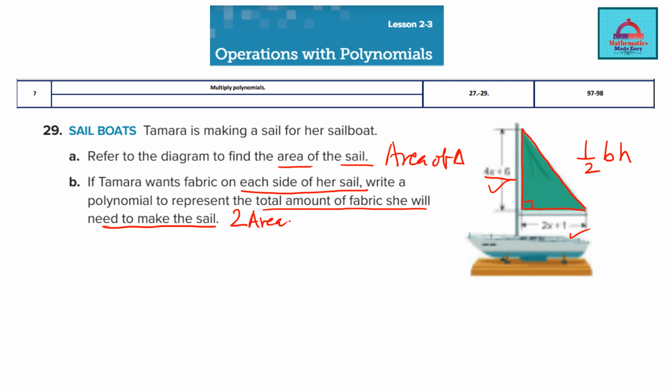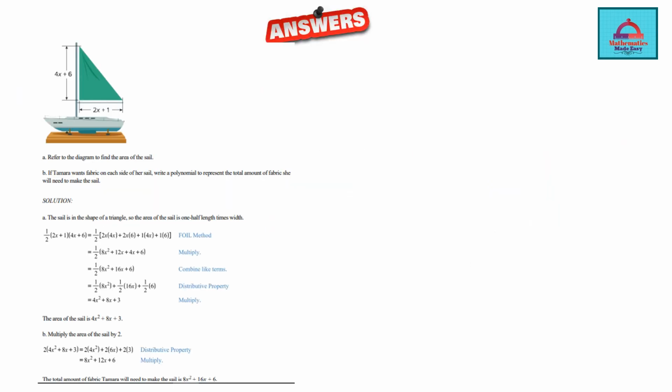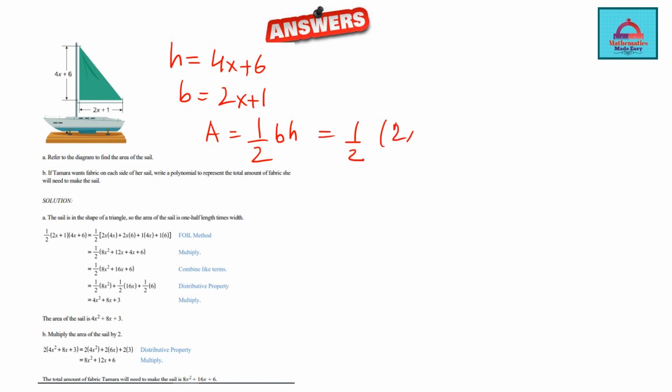Okay, let's now solve the question. Refer to the diagram. 4x plus 6, that's the height. The base is 2x plus 1. So the area of the triangle would be half base times h, or half, base 2x plus 1 multiplied with 4x plus 6.